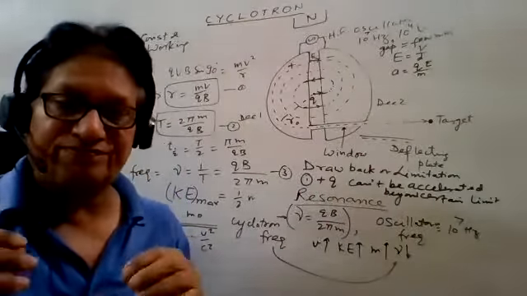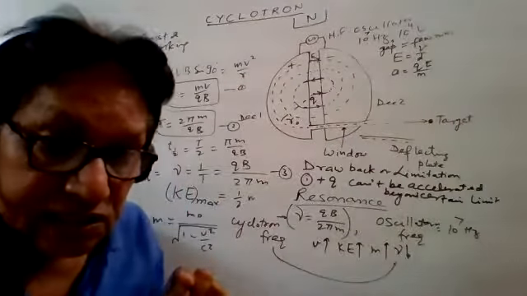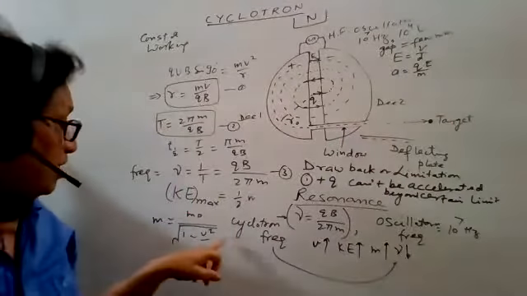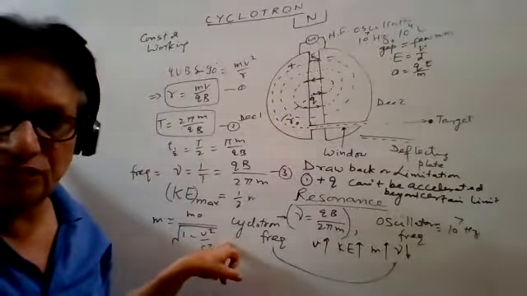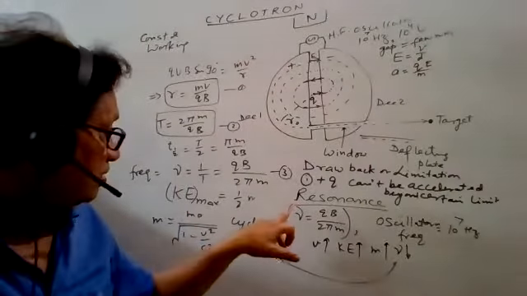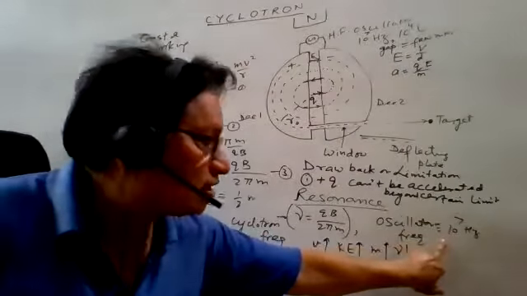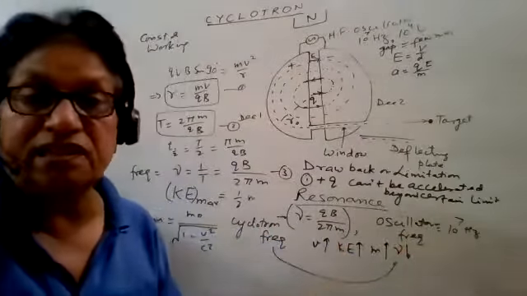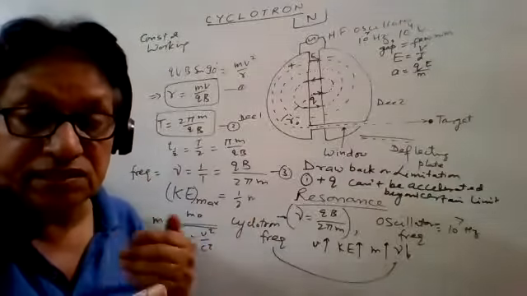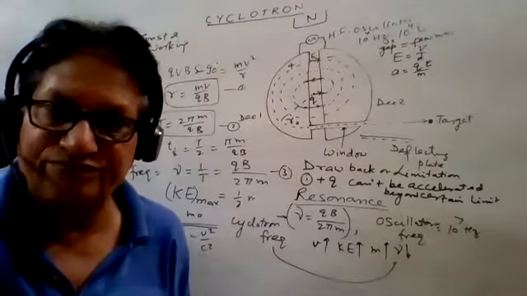It means we cannot increase the kinetic energy if the velocity is very high. Because of the mismatching of cyclotron frequency with oscillator frequency, we cannot increase the kinetic energy, and there is a chance of decreasing it.